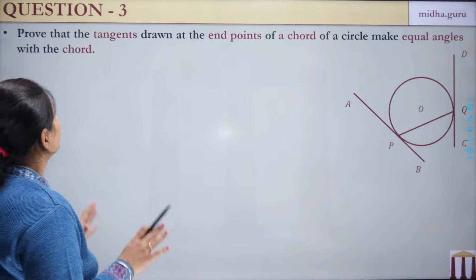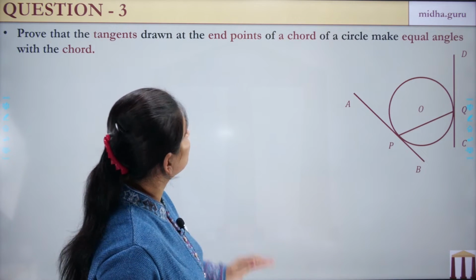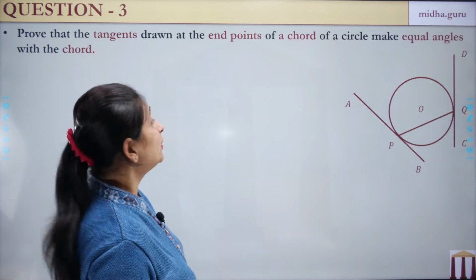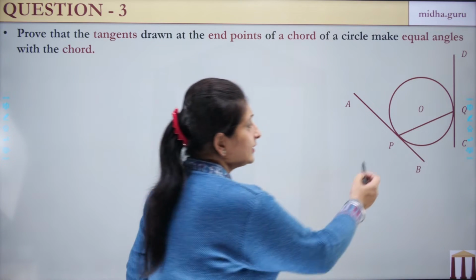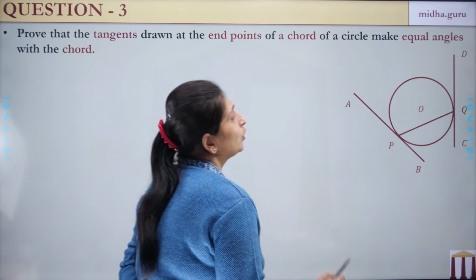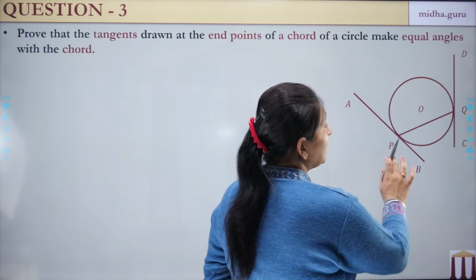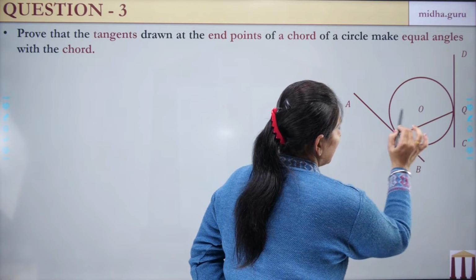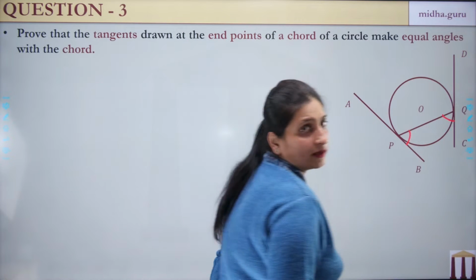What's the question? Prove that the tangents drawn at the endpoints of a chord of a circle make equal angles with the chord. PQ is the chord. The endpoints are P and Q. So we have to prove they are making equal angles with the chord. That means we have to prove this angle is equal to this angle.